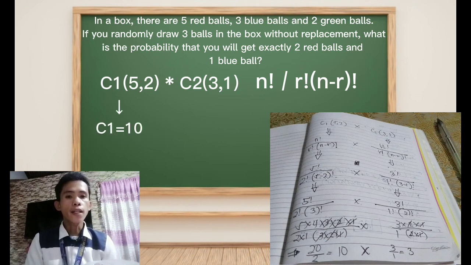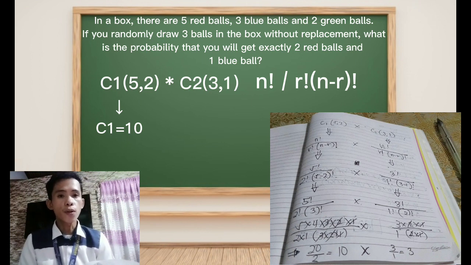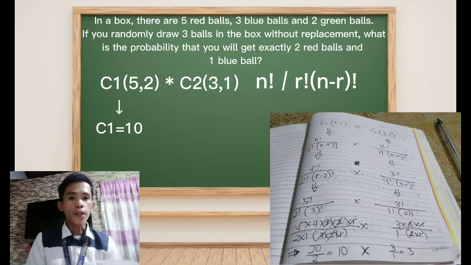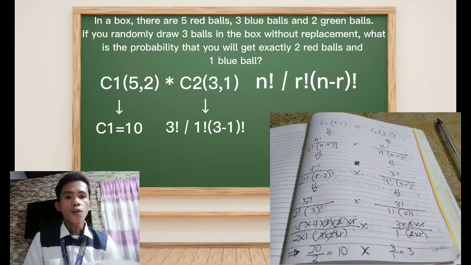Now, next is our combination number 2, which is 3 and 1. So substitute. Our numerator is 3 factorial, and the denominator is 1 factorial times 3 minus 1 factorial. So now, the 3 factorial is 3 times 2 times 1 over 1 times 2 times 1.